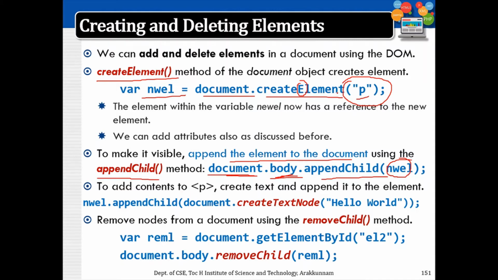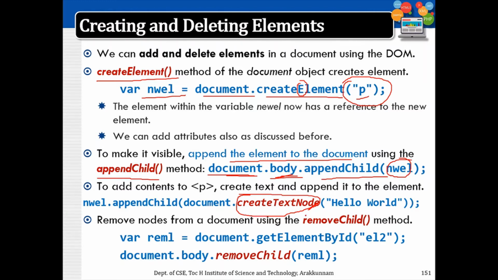Now the P element is created. Now we want to add contents to that P element. For that, we have to add text content, and we have another method known as createTextNode. createTextNode will create a text node, which is the leaf element of any tree structure.